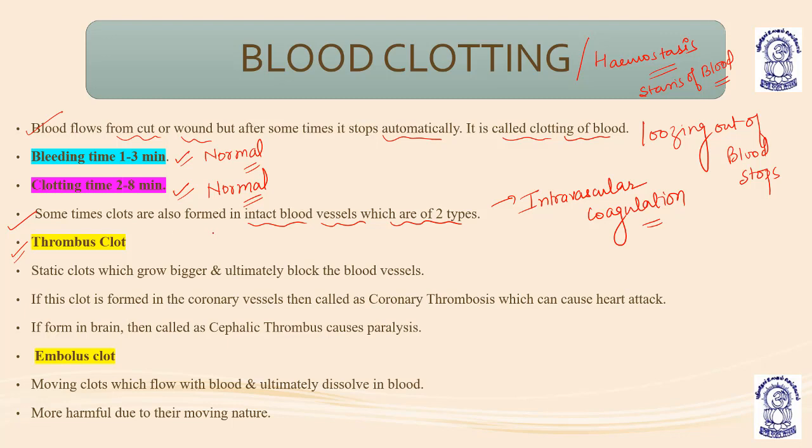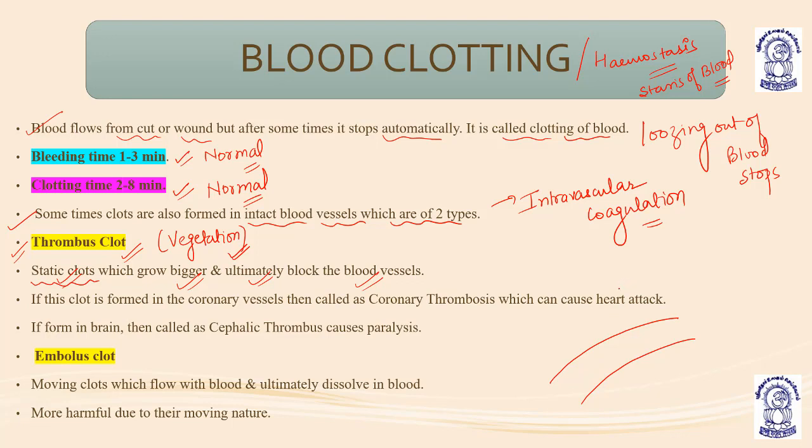One is the thrombus clot. Thrombus is also known as vegetation. It is a static clot which grows bigger and ultimately blocks the blood vessels. For example, this is the blood vessel. What is vegetation?